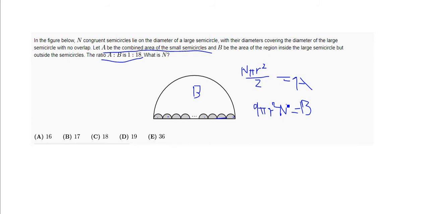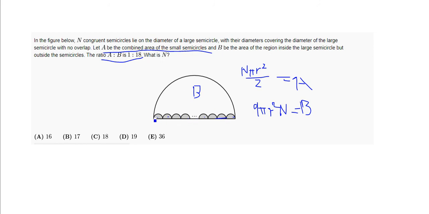They're telling us to find the value of n. So how do we do that? Let's try to find the area of this whole large semicircle. We can deduce that the radius of this large semicircle is n times r. Let me tell you why.